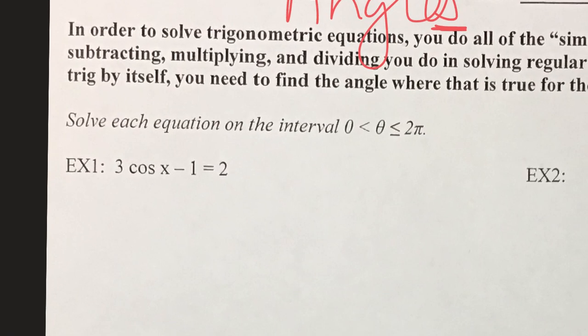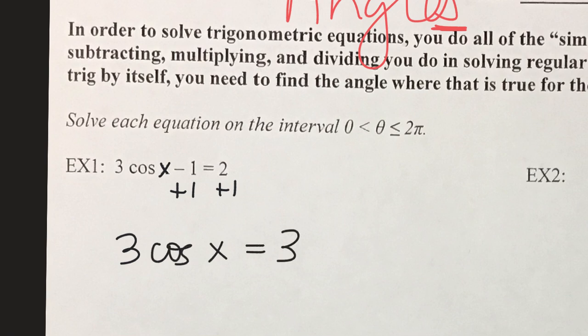We're going to solve this by doing our elementary math first. So elementary math says add 1 to both sides, because if this is where your variable is, you want to isolate your variable. So 3 cosine of x equals 3. So here x represents your angle. Divide both sides by 3. The cosine of our angle has got to be 1.